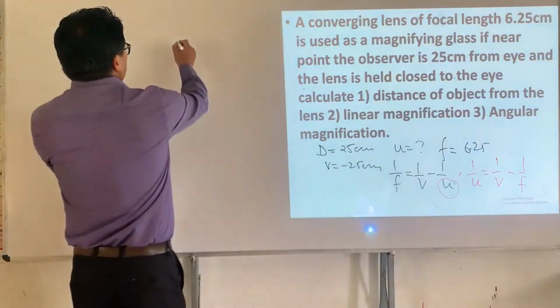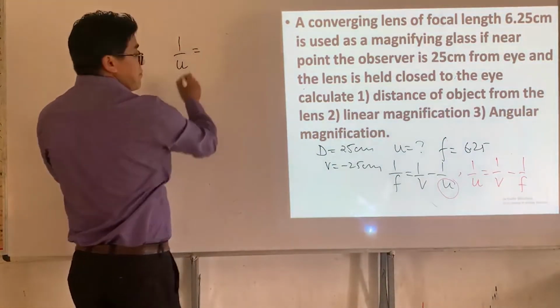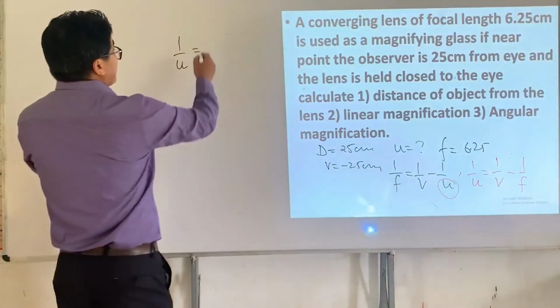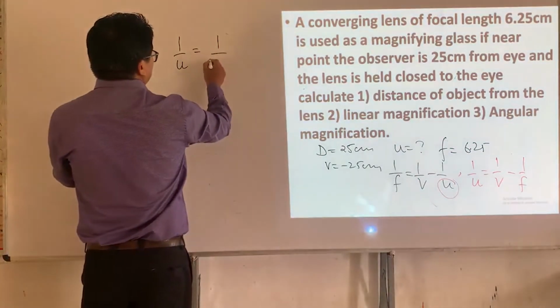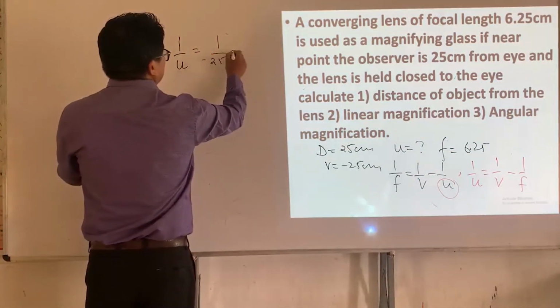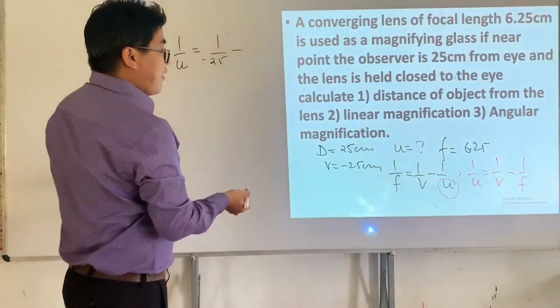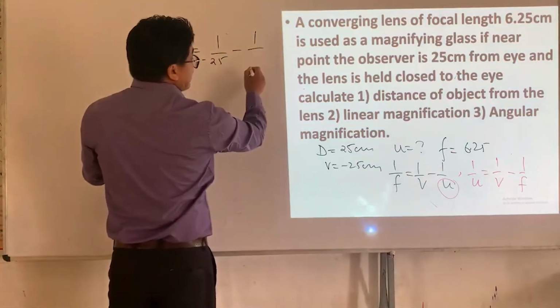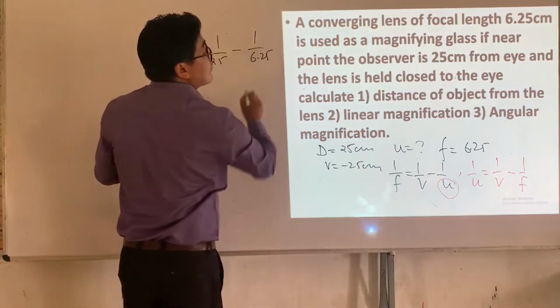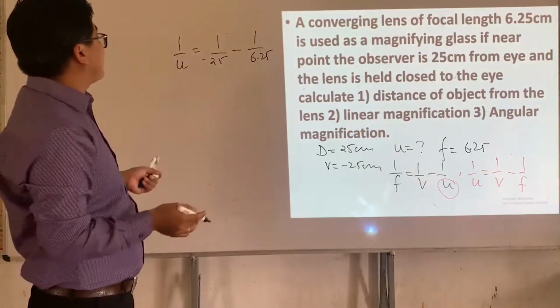Now, I will use here 1 by U. What is V? 1 by minus 25 minus, what is F? 1 by 6.25. Okay, everything is in centimeter.